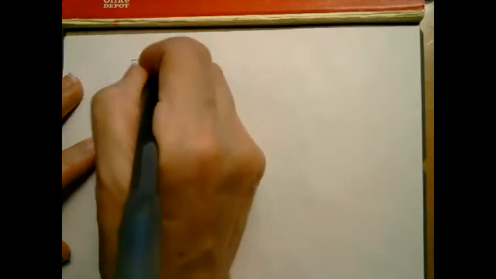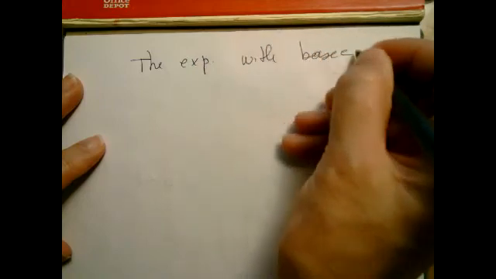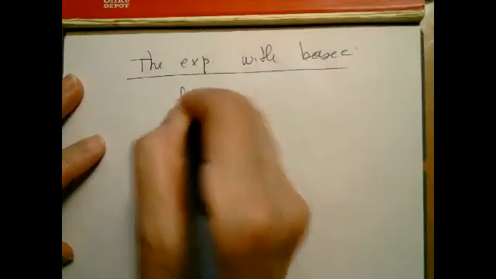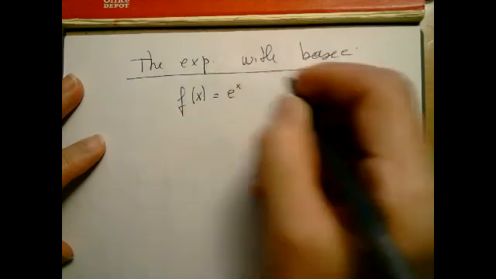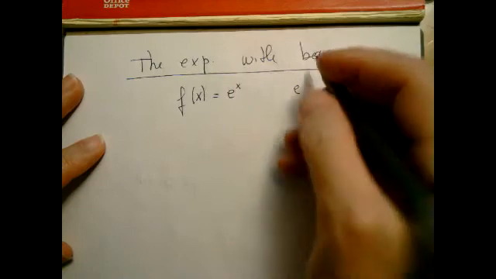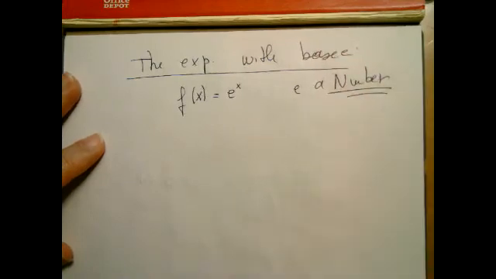So the exponential function with base e is the function f of x equal e to the x. Now be very careful, e is always a number, not a variable. It doesn't vary, it's just a fixed number.